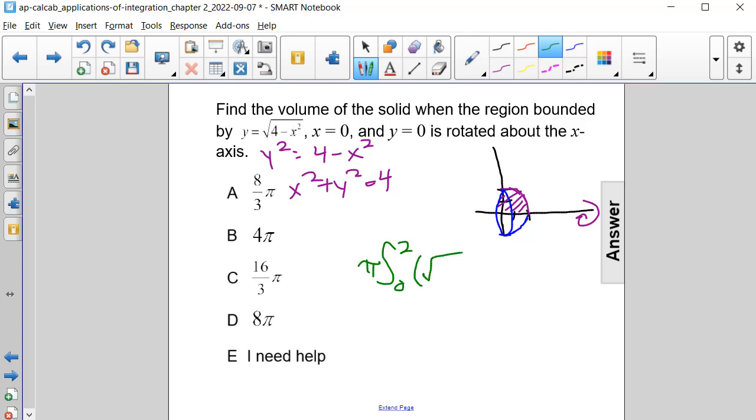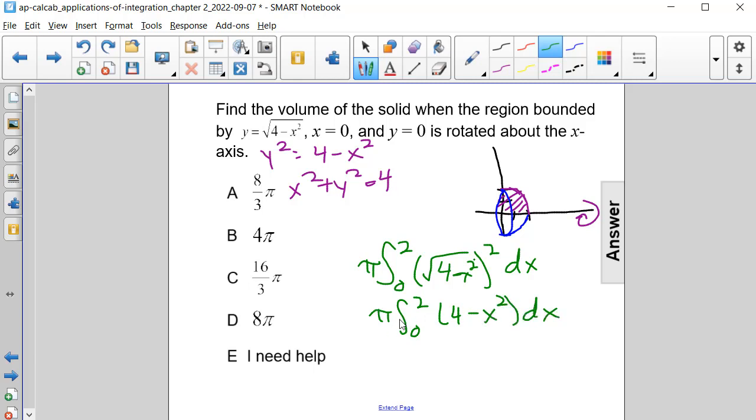So we want the square root of 4 minus x squared, because that's our radius, and we're going to square that, and we're going to integrate it with respect to x. Well, when we square the radius, which is a square root, the square root and square cancel each other out. So we can rewrite this as pi times the integral from 0 to 2 of 4 minus x squared dx.